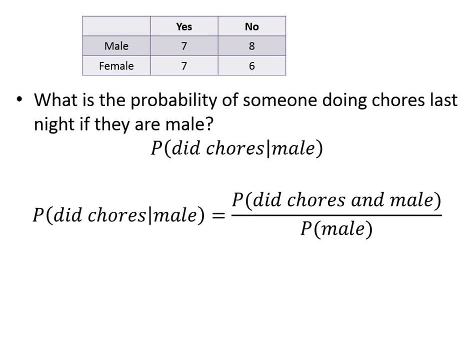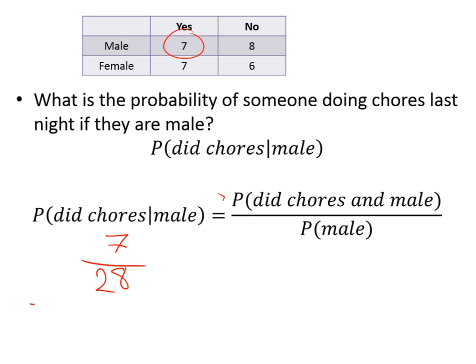So what you would do is you'd go, okay, well, the probability of did chores and male, so what's the probability that they did chores and they are male? So both. Well, you look up here, okay, male and did chores, yes, that would be 7. So it'd be 7 over the total number. So it'd be 15 plus 13, 28. So 7 over 28. Okay.